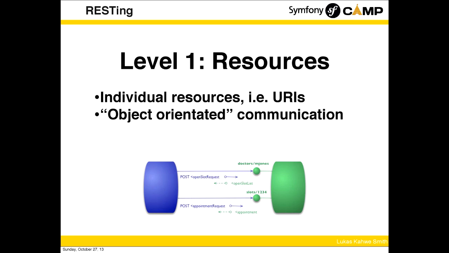Level 1 is basically the introduction of URIs. So instead of just having some URL, get appointments, for example, you actually have appointment/1. That would be a unique resource identifier for that appointment, right?